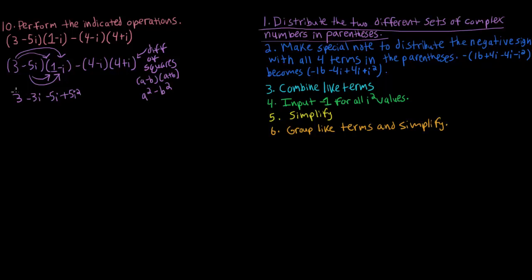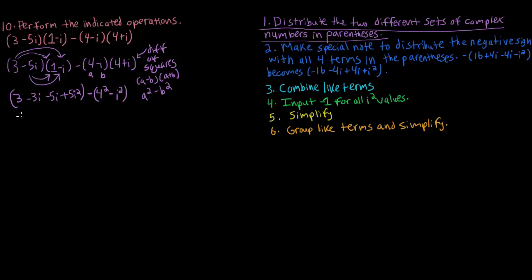And let's put all of that in parentheses. And then minus, we already said here that this is a difference of squares. The 4 would represent the a value, and then the i would represent the b value. So it would just be a squared, which would be 4 squared, minus b squared, which would just be i squared.